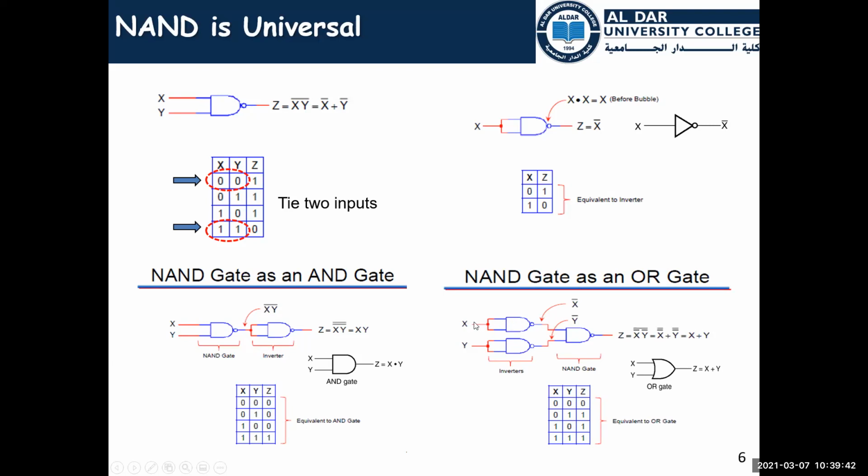We attach the two inputs together, we have an inverter, we invert the input X, we invert the input Y, then we have X dash, Y dash as inputs to another NAND gate, then we have the output to be X or Y, which is exactly the OR gate.